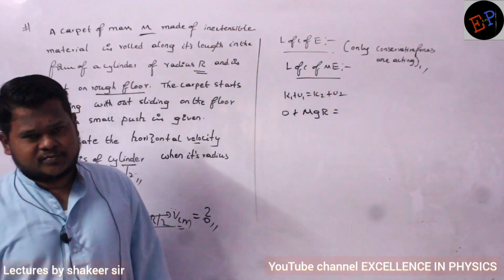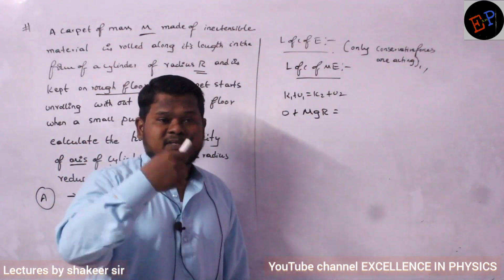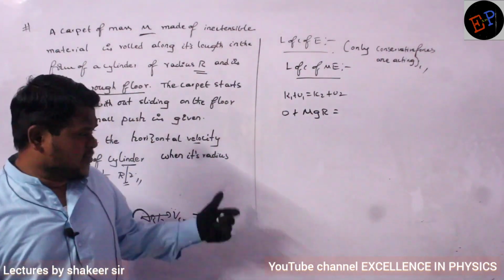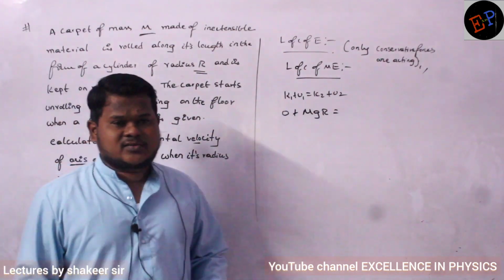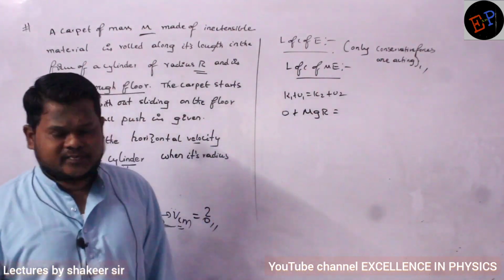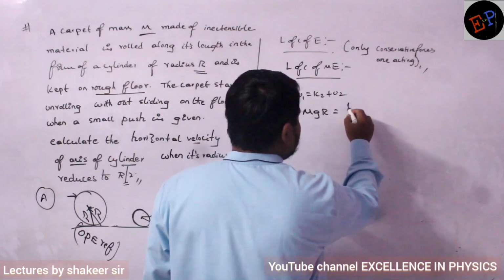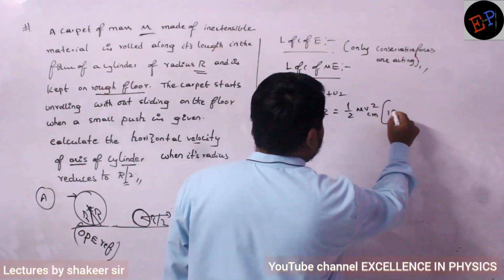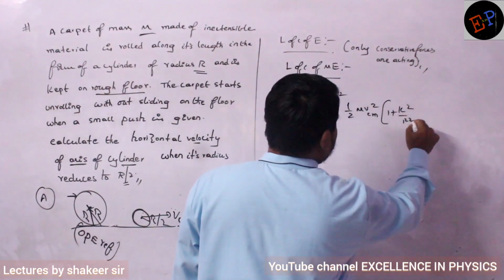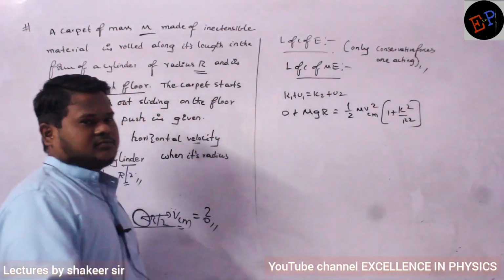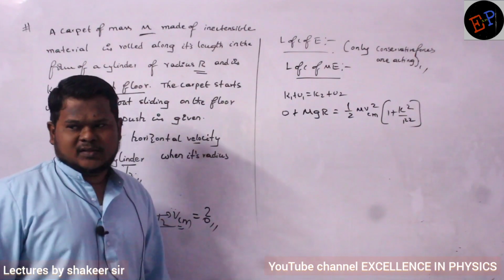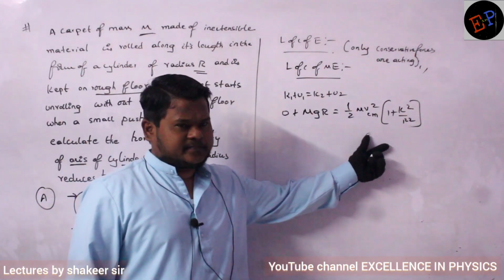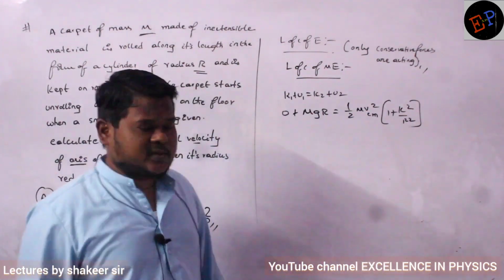So the carpet is unrolling, which means it is a rolling body. A rolling body will have translational velocity and rotational velocity also. And total kinetic energy, in the last class we studied, is half m v center of mass square multiplied by 1 plus k square divided by r square. Already we discussed. This is the equation of total kinetic energy for a rolling body. Are you able to understand?